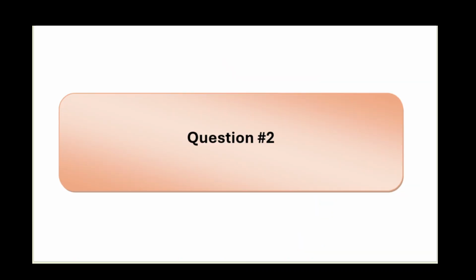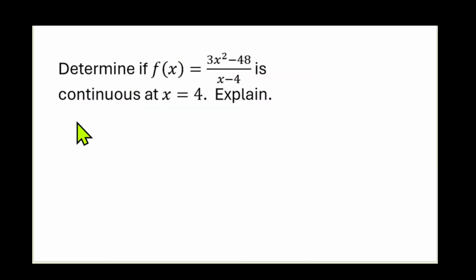So let's look at another question. Determine if the function, so this time I have a rational function, is continuous at x equals 4. So x equals 4 is where the denominator equals 0. Anywhere else, this function would be continuous at an x value, because we've studied rational functions.